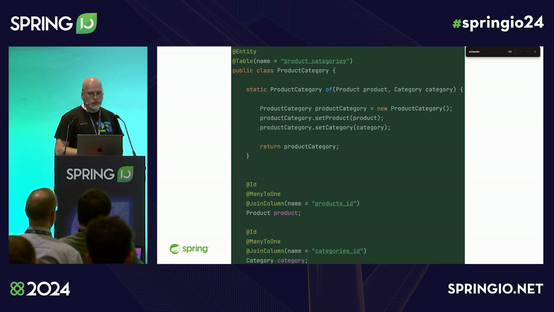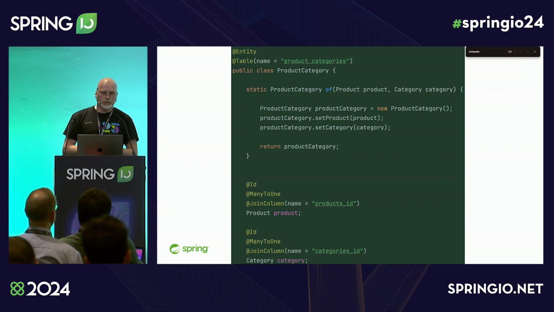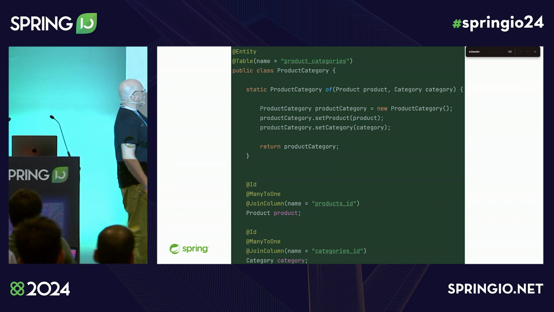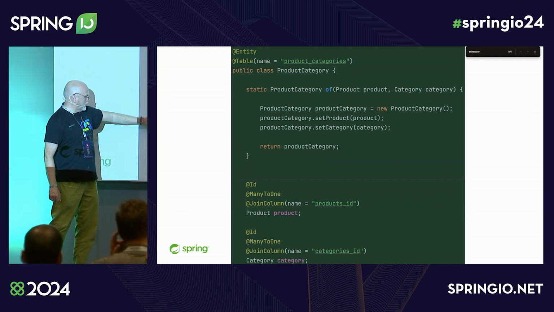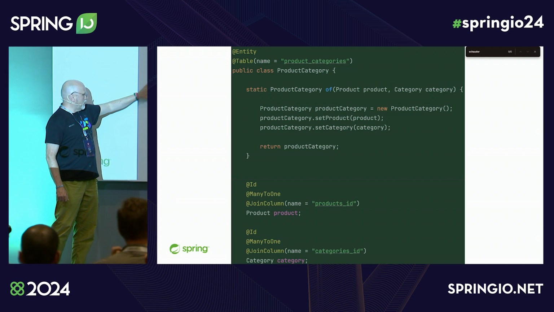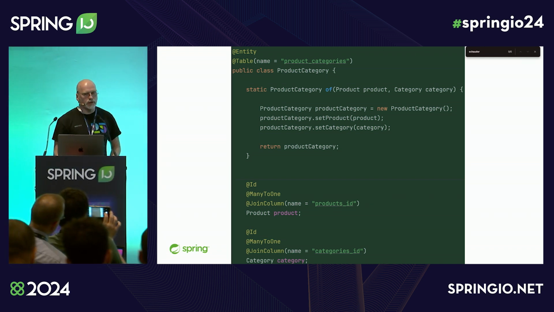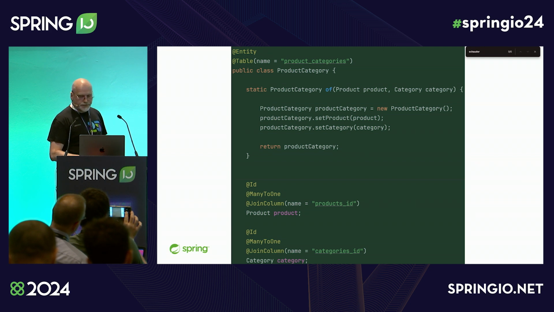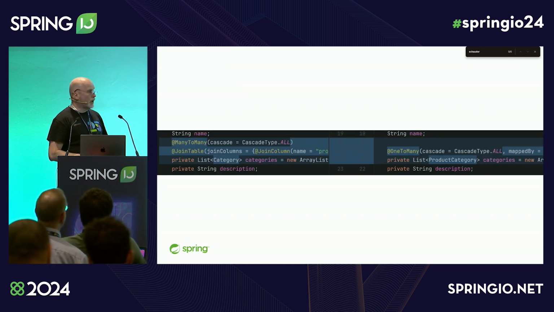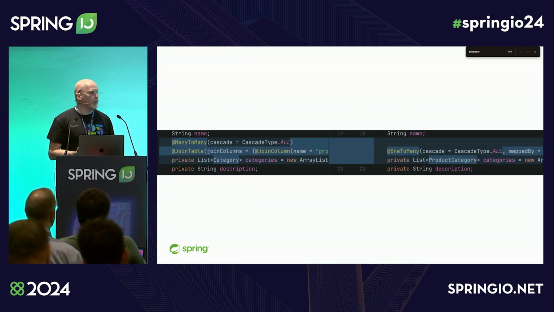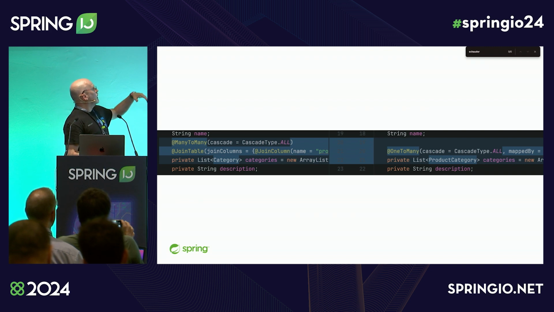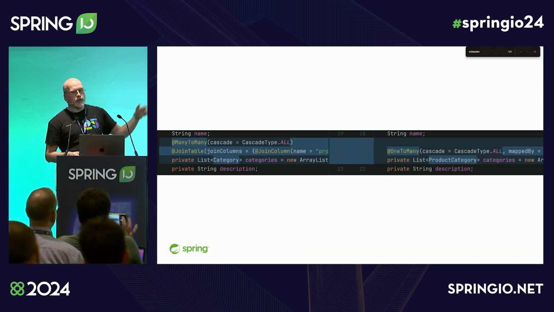And again, in code, the first part is, well, you need this reference entity, this joining entity, which really just consists of two references marked as ID and all the JPA annotations to have the right column names and everything. And of course, everywhere where I use this, I now have to use this new class product category.